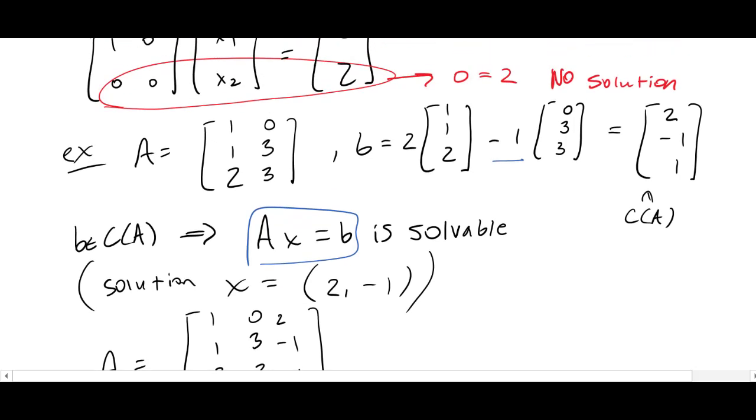Right, b is not a column of A, but I explicitly defined b as a linear combination of the columns of A. So b is 2 times the first column minus the second column, meaning b is a linear combination of the columns. So b is definitely in the column space. Gotcha. So b can be any linear combination.